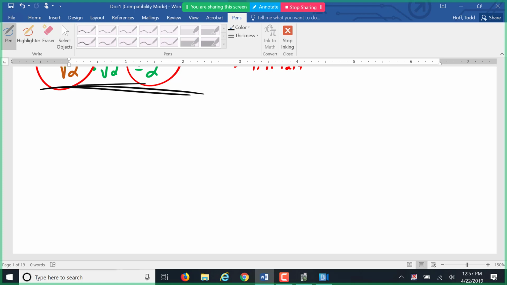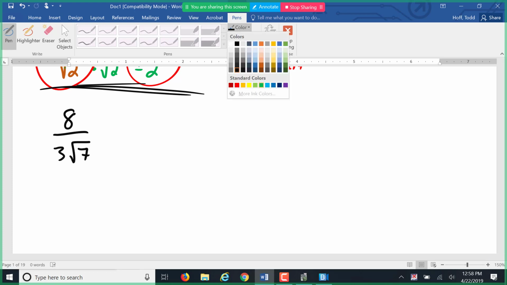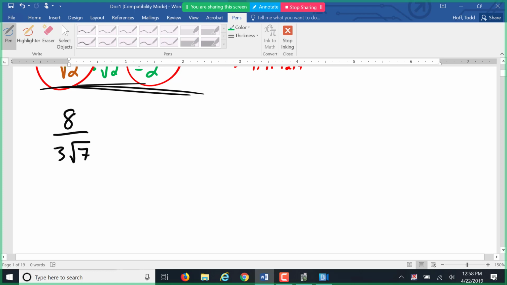So if we look at rationalizing something like what we just did, but let's do it like this: 8 over 3 times the square root of 7. I do not have to multiply the denominator by the whole thing. That's 3 times the square root of 7. The only part I need to change is the square root of 7.